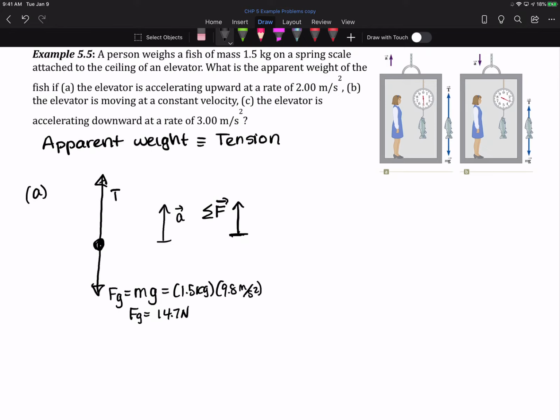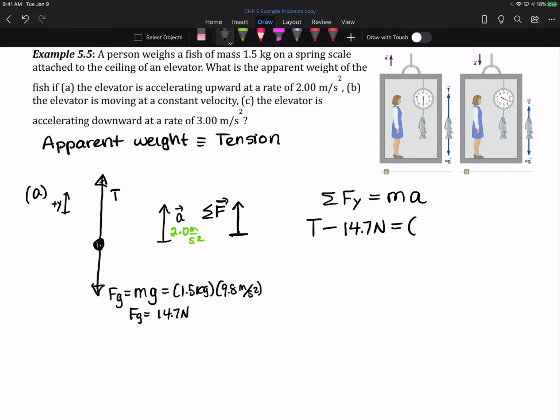So if I consider this to be the y direction, I can look at the sum of the forces in the y direction on the fish, and that has to be the mass of the fish times the acceleration. So we know in this particular case that this upward acceleration is 2 meters per second squared. And so if I sum my forces, acting in the positive y direction, I have the tension. Acting in the negative y direction, I have the force of gravity.